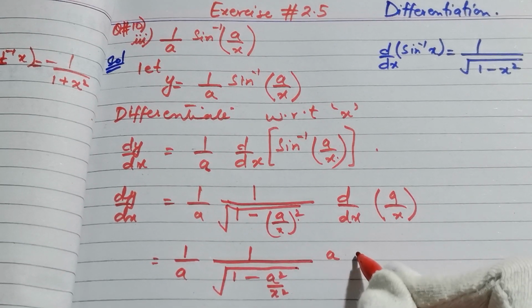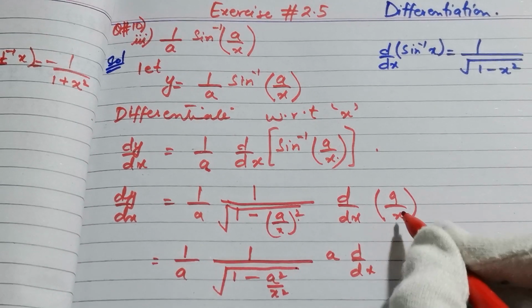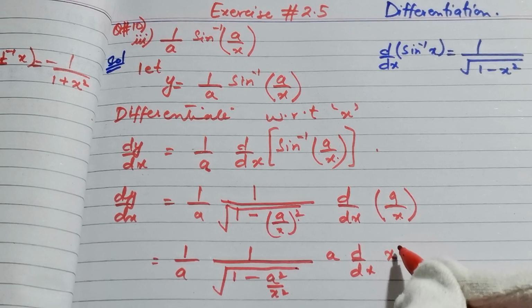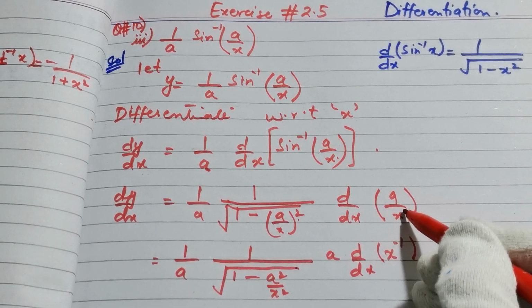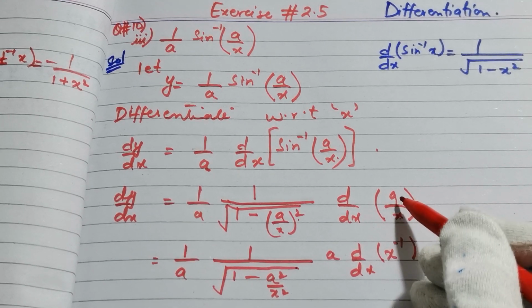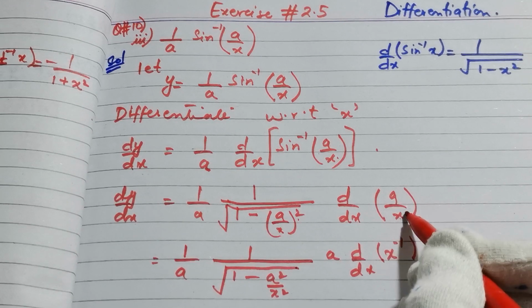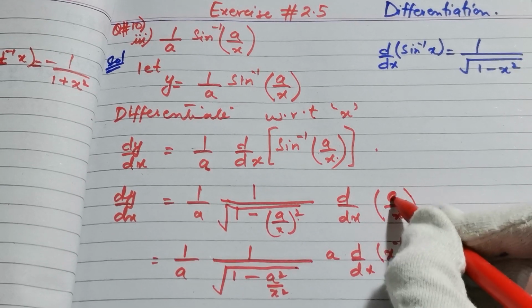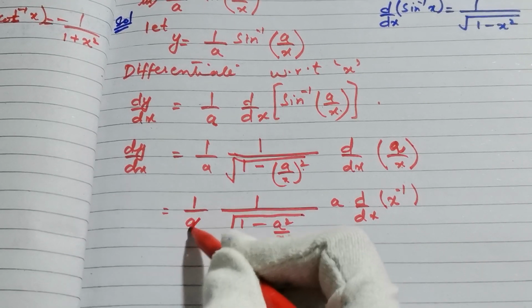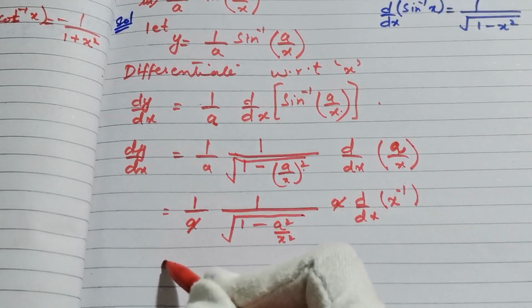The derivative of a is outside and the derivative of x is in the denominator, so we make it numerator by making the power negative. a is positive power, take this x in the numerator, so positive x becomes negative x. This is a. Now this a and this a cancel each other.